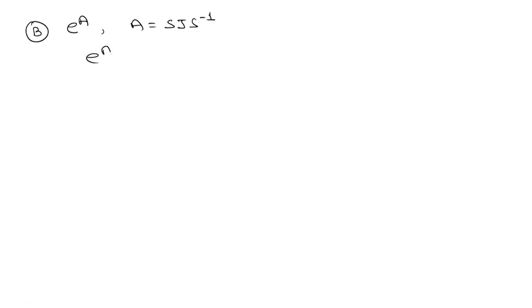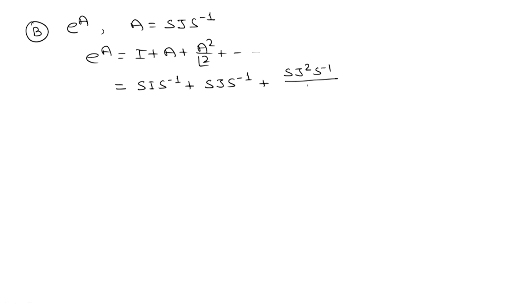So again, e raised to power A will become I plus A plus A square upon factorial 2 and so on. So, this will become S I S inverse plus S J S inverse plus S J square S inverse upon factorial 2 and so on.